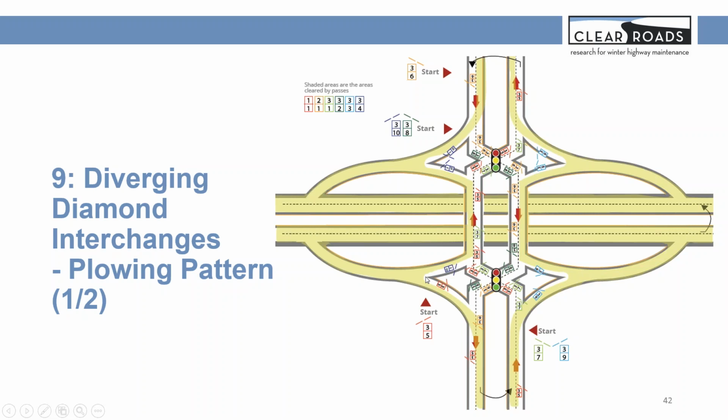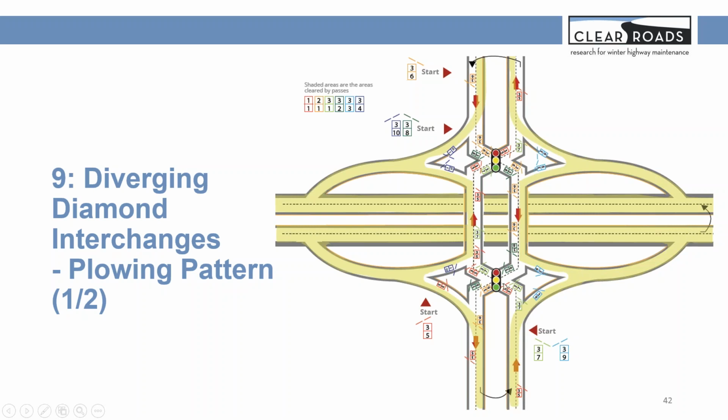This time you use the left wing and front plow, push to the left and keep clearing the left shoulder part of this island, and then it merges onto the minor road and shifts to the right. Also switch the wing to push to the right, and turn around to clear the other direction.